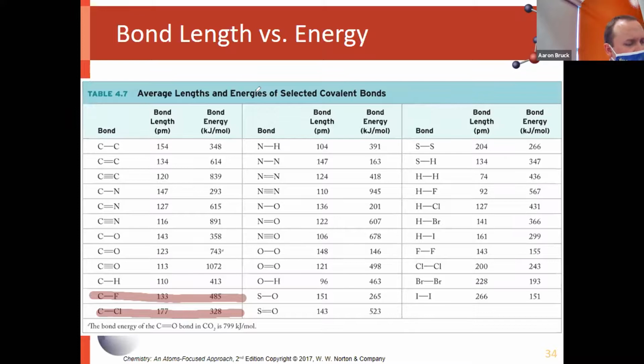Let's compare sizes. If I'm comparing carbon to fluorine versus carbon to chlorine, the only difference in the atom isn't in the bond order, but in the size of the atom that the carbon is attached to. Fluorine is, according to our atomic trend, smaller than chlorine is. Chlorine has the extra energy level. It's going to be bigger. As a result, we see a bigger bond length and a smaller bond energy.